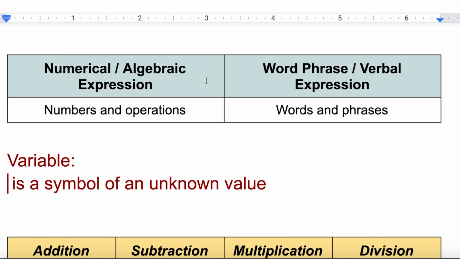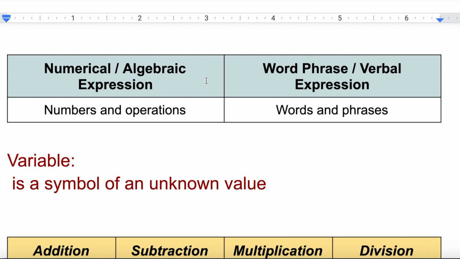So when we go for numerical expressions or algebraic expressions, from the name, algebraic expressions, that means algebra, that means there are numbers, variables, and operations. Like variables like x, y, n, k, and operations like plus, minus, divided by, times.